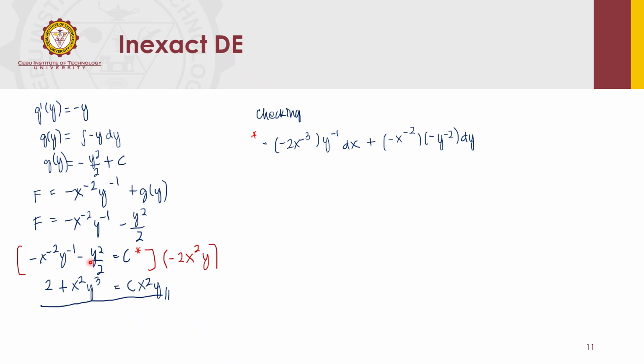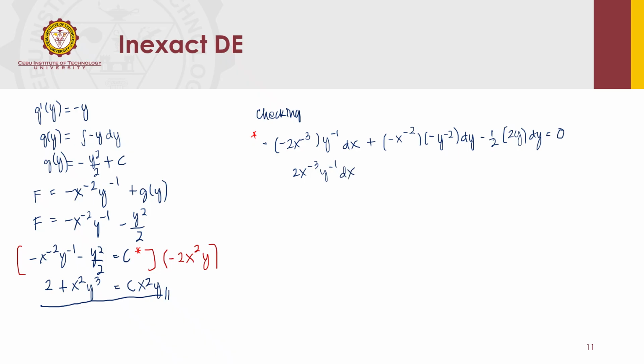And for here, it's pure y, so it's dy only. The derivative of y squared over 2 is just 1/2 times 2y, dy, and then on the right side, the derivative is 0. So it's 2x to the negative 3, y to the negative 1 dx.